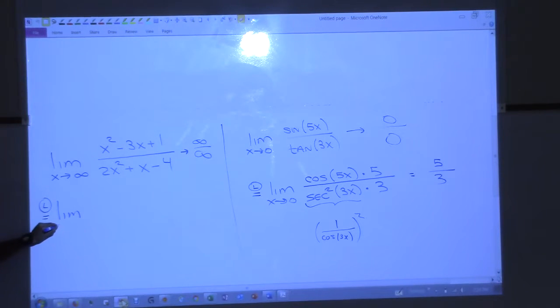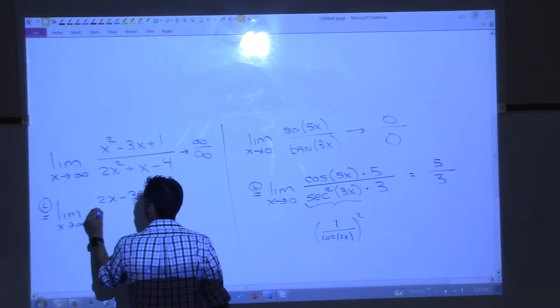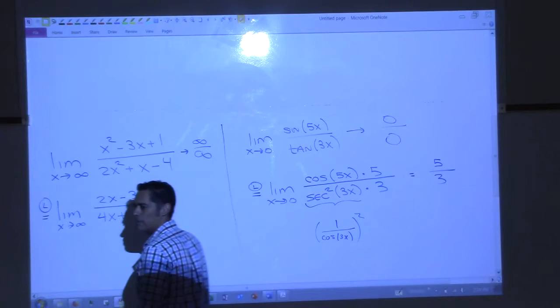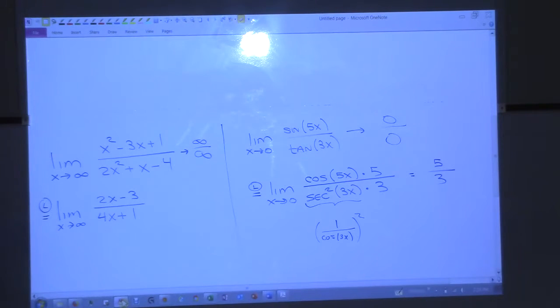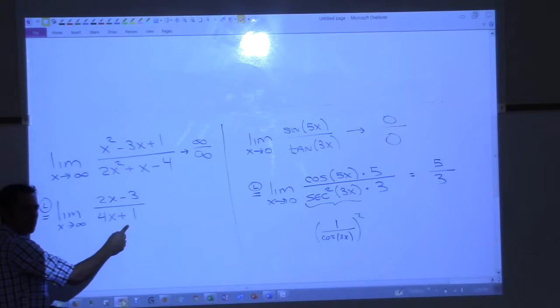Limit as x goes to infinity of the derivative of the top, 2x minus 3, over the derivative of the bottom, 4x plus 1, right? Now, let x go to infinity. What do we get? Infinity minus 3 over infinity.